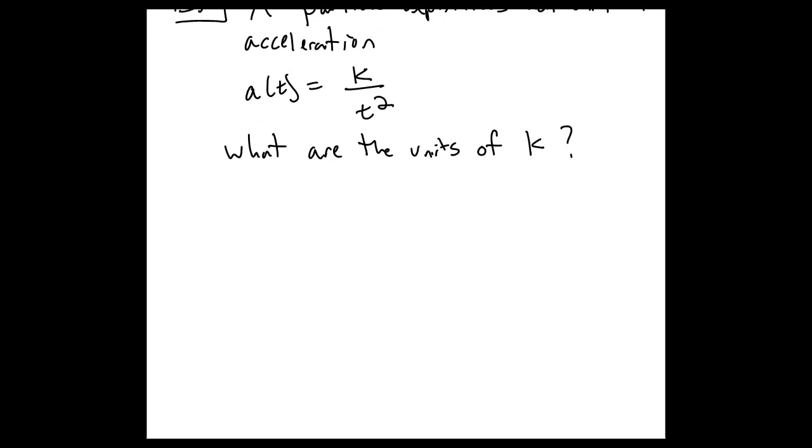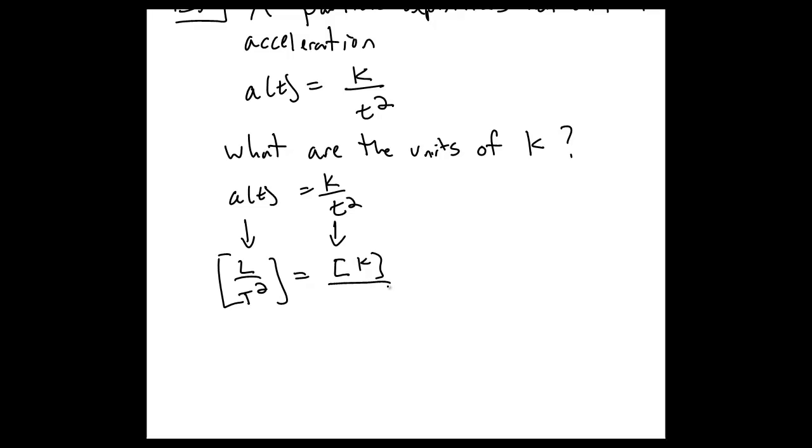Again, we can do this using dimensional analysis, rewriting each term in terms of their physical dimensions. Acceleration has units of length over time squared. The right-hand side has units of k over units of time squared. And so clearly, k has units of length.